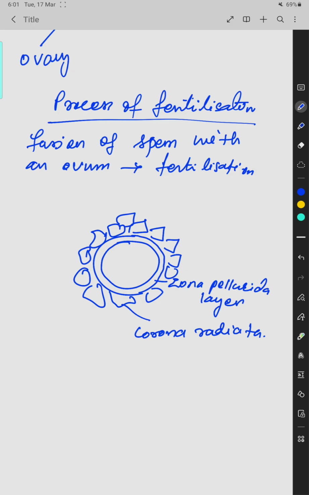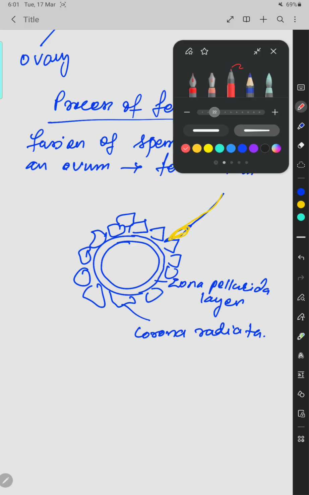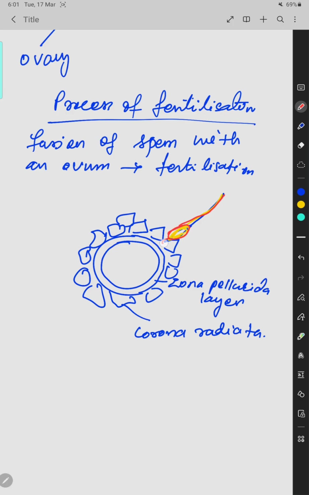Now what happens, many sperm come in contact with the zona pellucida layer, but only one sperm comes in contact first.